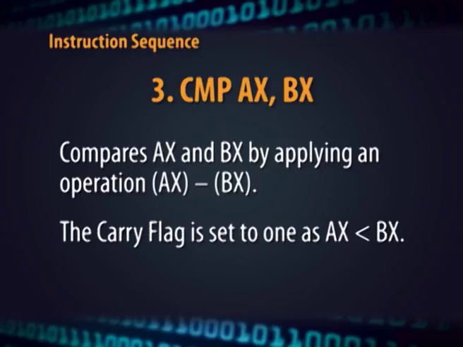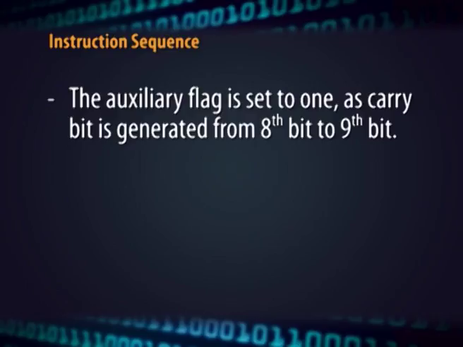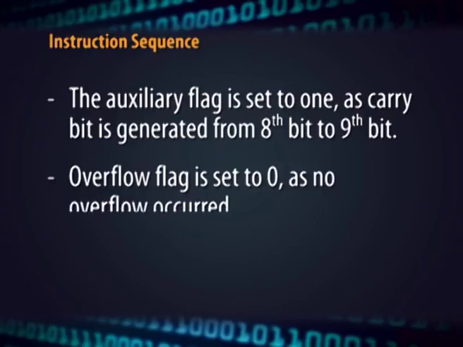The carry flag is set to 1 because AX is less than BX. Similarly, the auxiliary flag is set to 1 as, during the process of subtraction, a carry bit is generated from the 8th bit to the 9th bit. Since no overflow occurred during this AX minus BX operation, the overflow flag is set to 0.